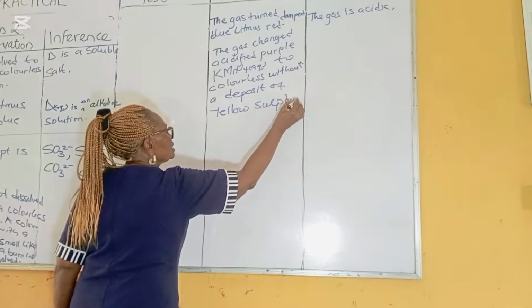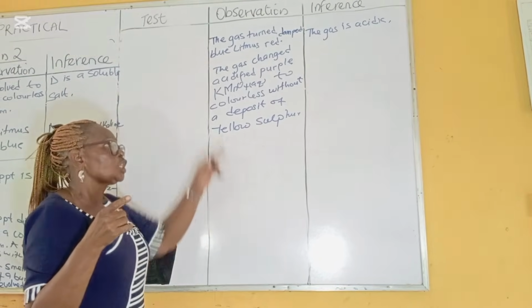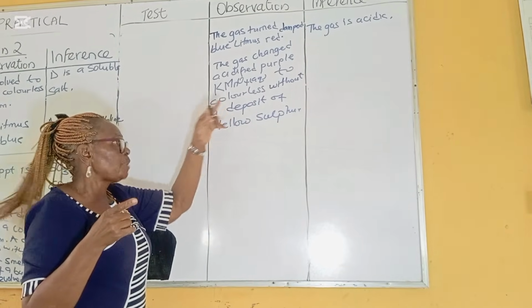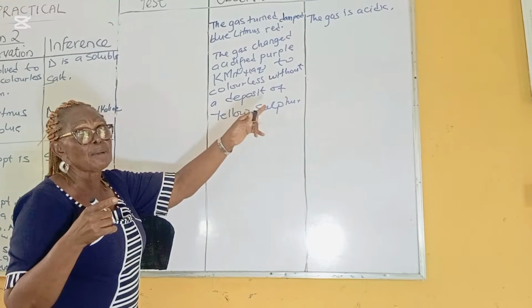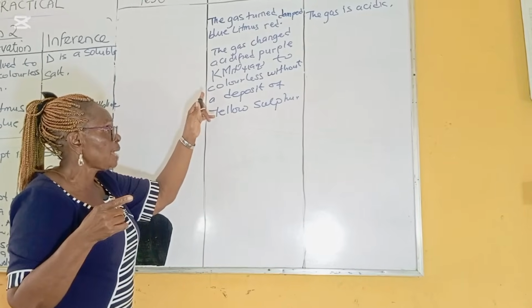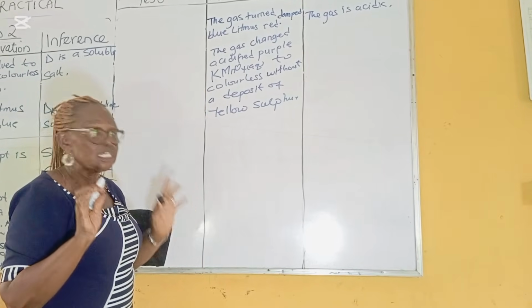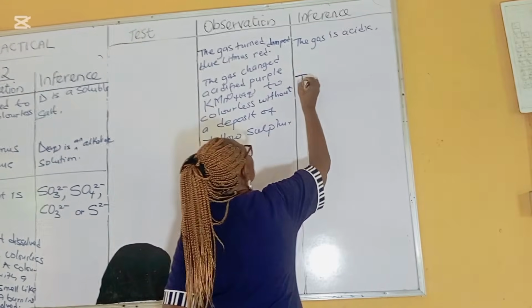Why must we put this? If the gas is hydrogen sulfide gas, it will behave the same way, but it will deposit yellow sulfur. But for this very gas I'm about to state, it will decolorize the KMnO4 without depositing yellow sulfur. So based on that, you have confirmed the gas.